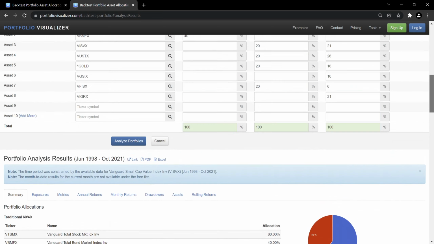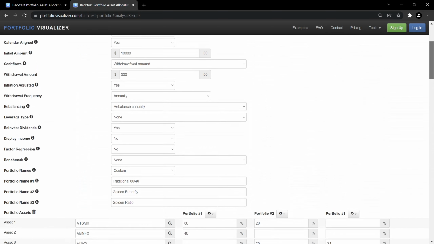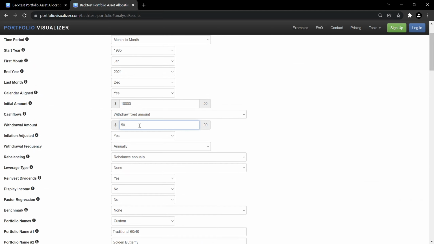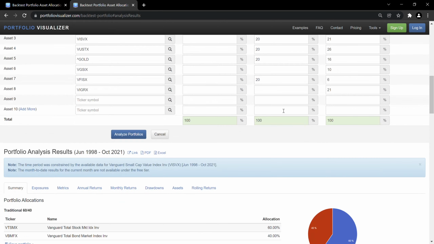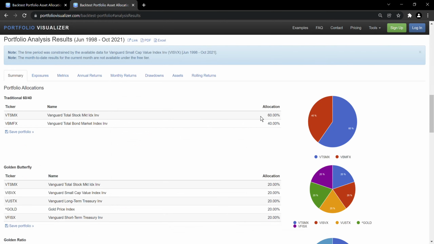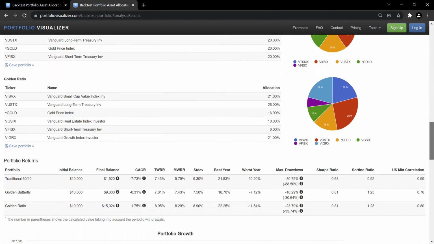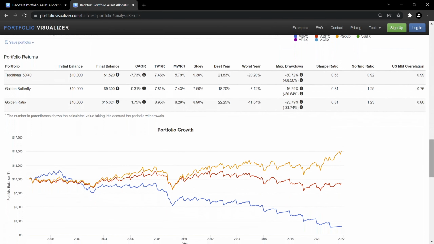And now if we want to extend it out even more, let's go to 6%. If you were withdrawing from this at a 6% rate, adjusted for inflation over time. And here you do see the traditional 60/40 actually it failed, or it's in the process of failing, that it's not going to survive.